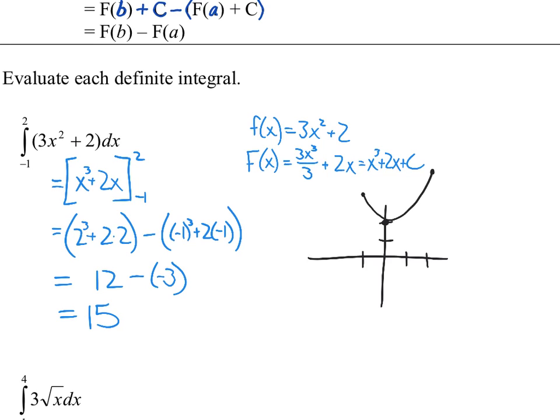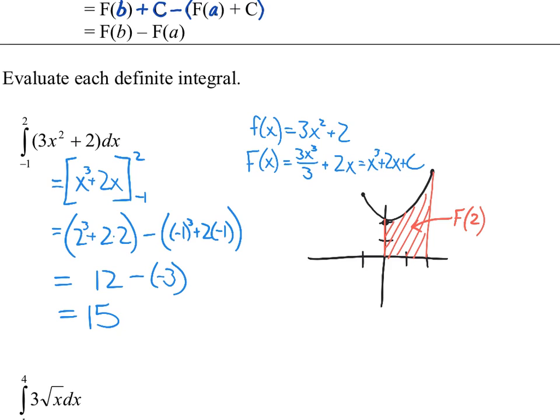Okay. What is happening geometrically is when I do that capital F of 2, the capital F of 2 is actually giving me this area right here. It gives me the area under the curve from 2 all the way to the left until I get to the y-axis. Okay?